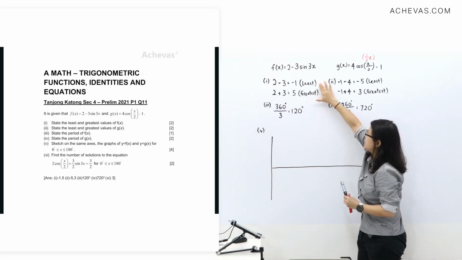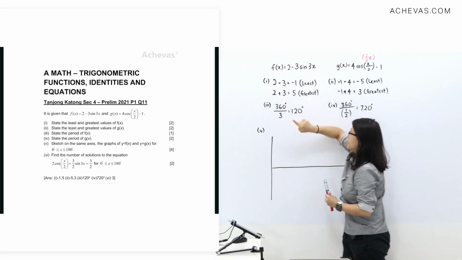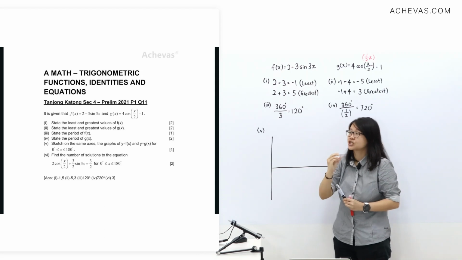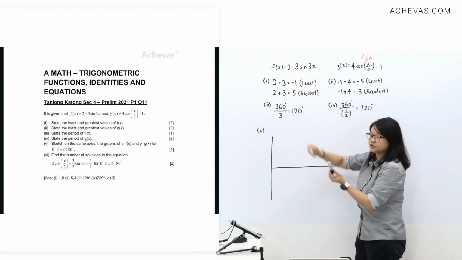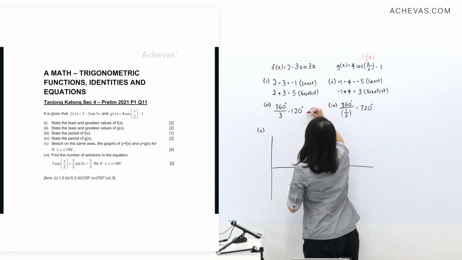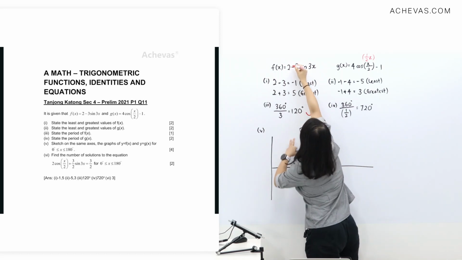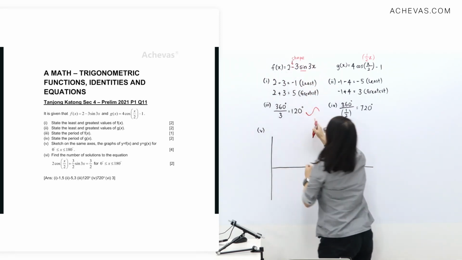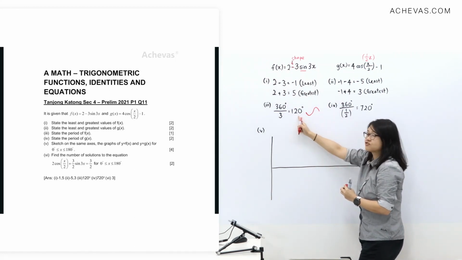We have the least and greatest values here, and we know that the middle value is at 2, and we also have period 120. So I'm going to draw a tiny shape of this negative sine graph beside this 120 to let you know how it looks. We will have this shape because it's a negative. This gives you the shape of this sine graph, in this pattern. It just means that you need to draw this graph in 120 degrees, one full period.